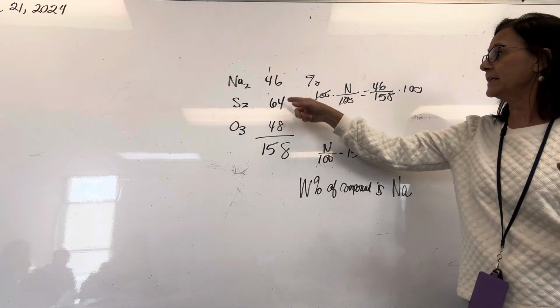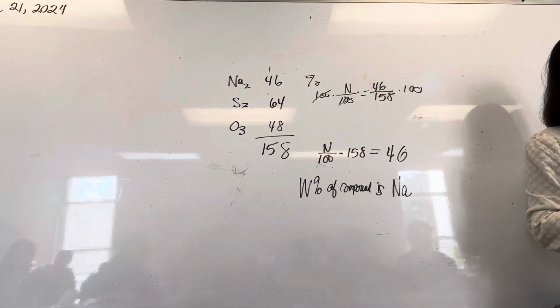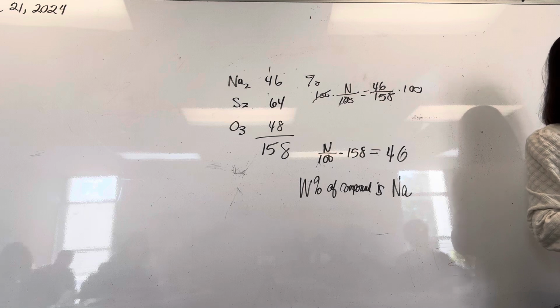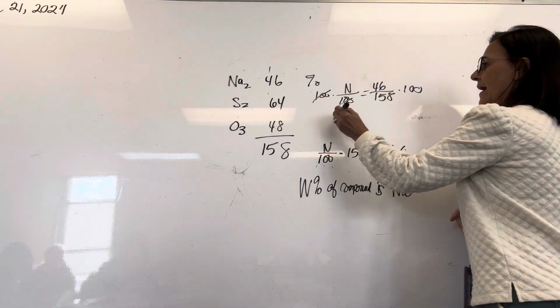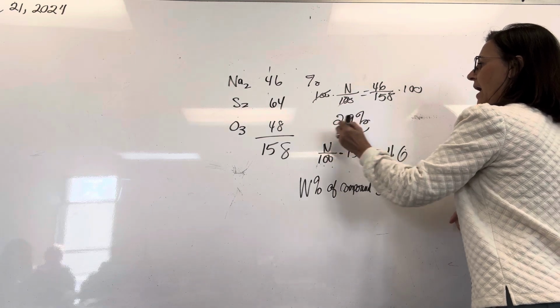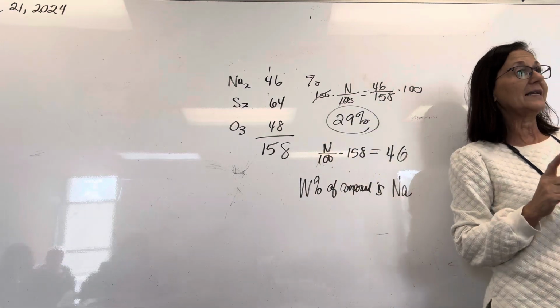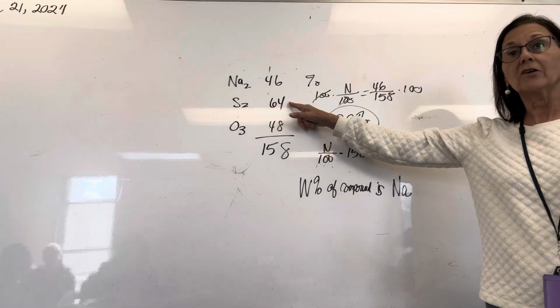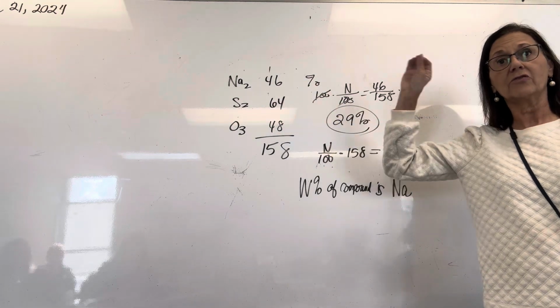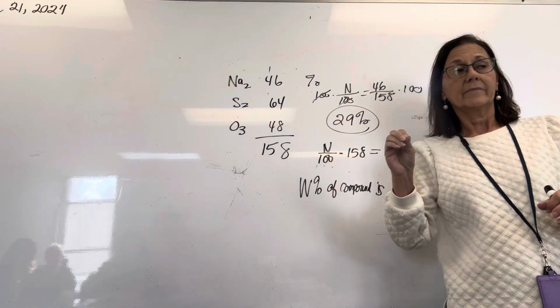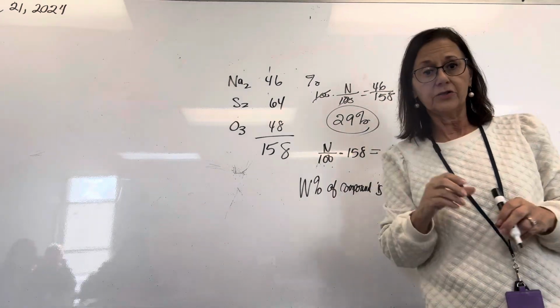That's what I'm expecting it to be, a little less than a third. We learned it in chemistry like a couple weeks ago. That is amazing. It's 29. Okay, it's what I expected. 29%. And it makes sense. The sulfur is going to be a little greater than a third. That one's going to be a little more than the sodium, right? So you're thinking what your solution is going to be.